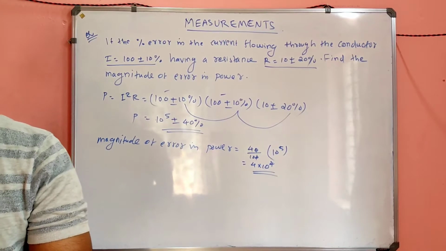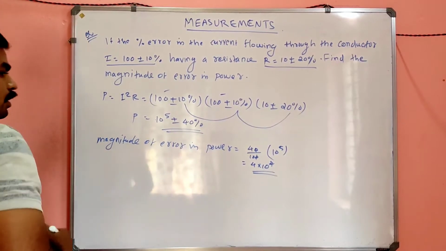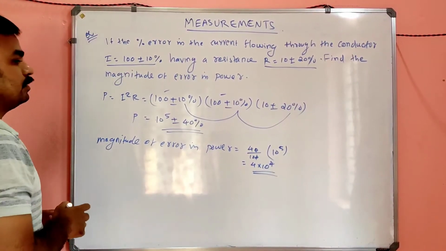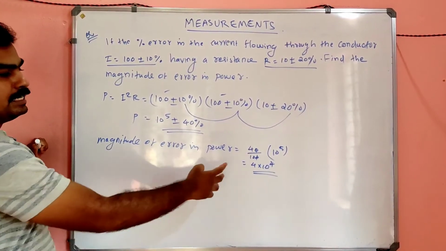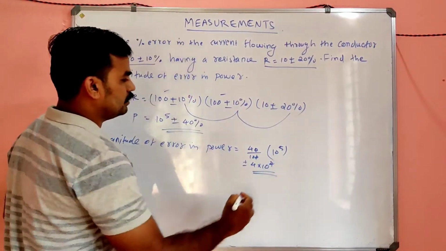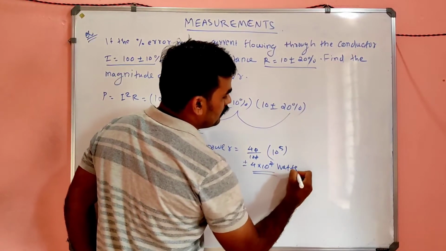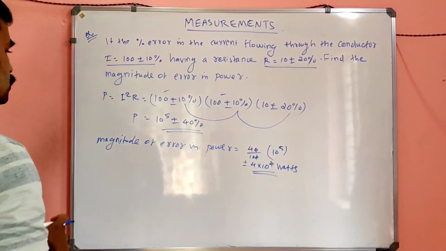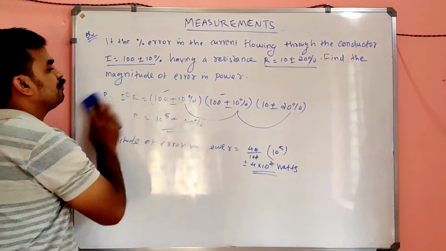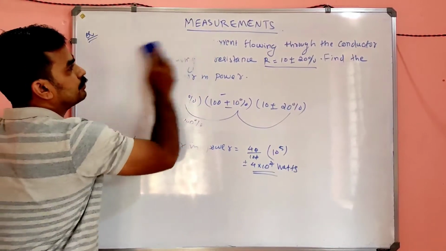Yeah, correct. Okay, so that is the magnitude of error in the power. So plus or minus this much watts may be varying. Okay, that's all. It's very easy, right? Just a simple multiplication. Okay, write another question.